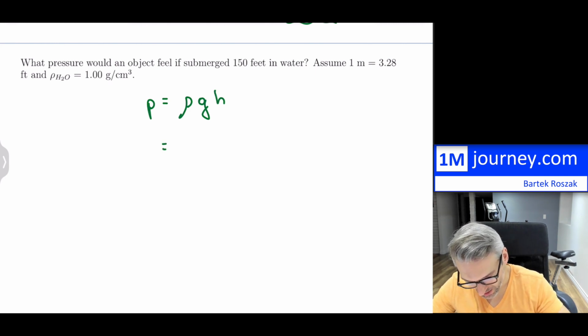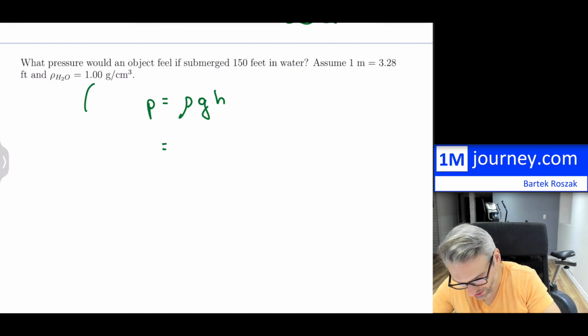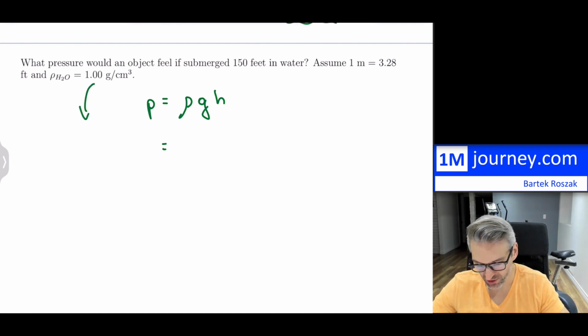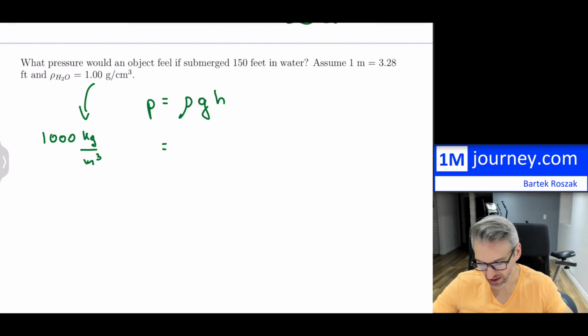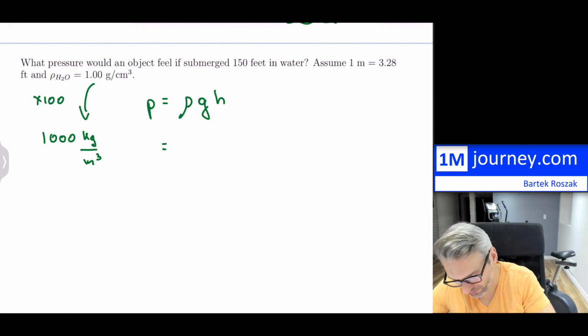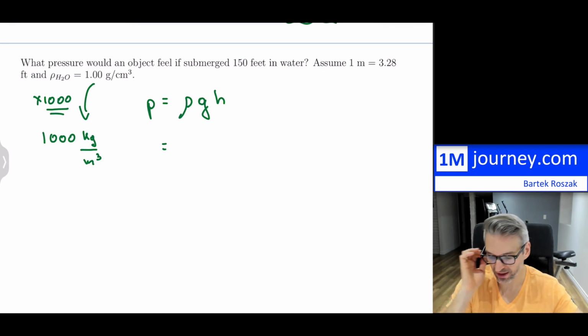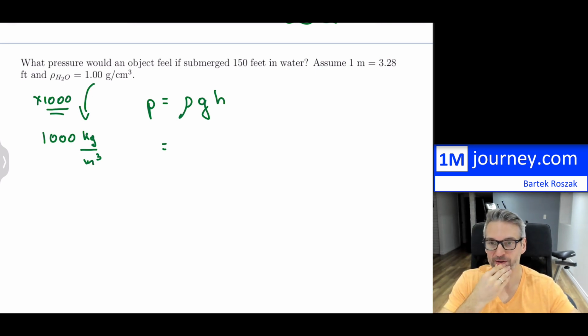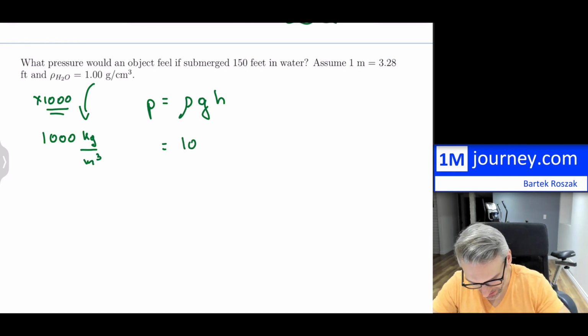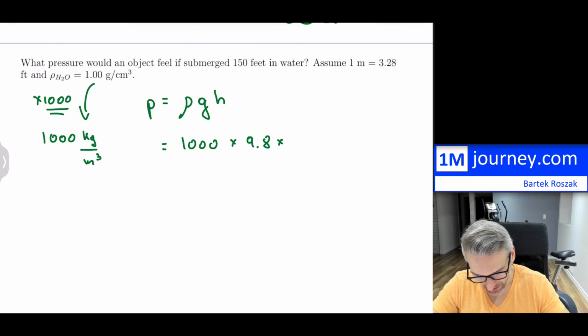So within here, water is 1 gram per centimeter cubed, which is the same thing as 1,000 kilograms per meter cubed. So you can go back and forth between them by multiplying by 1,000 if you're going from grams per centimeter cubed to the metric standard. So now this is 1,000. G is 9.8, and then the depth is 150 feet.